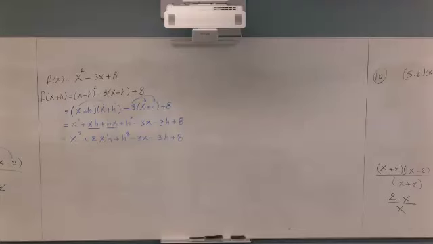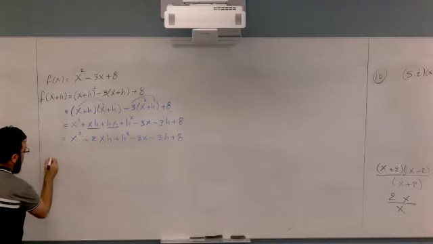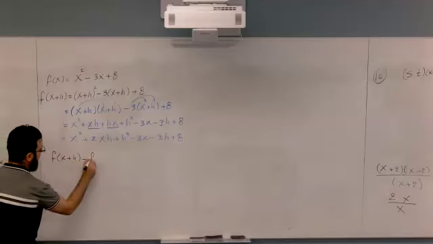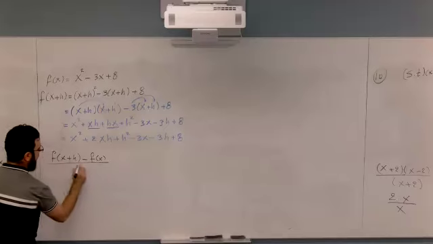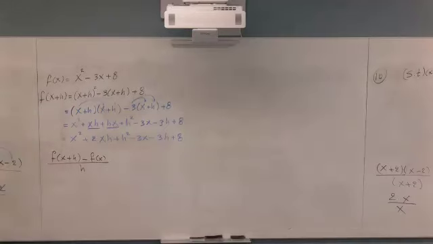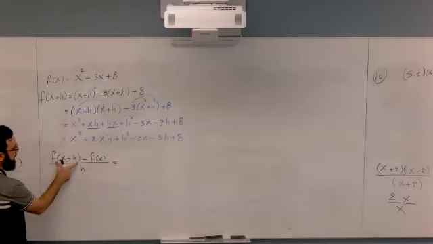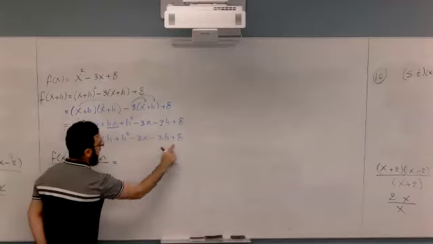Okay, we didn't finish. Our goal is to find what? The difference quotient. Our goal is to find f of x plus h minus f of x, divided by h. That's our goal. But now it's easier. f of x plus h equals the whole thing here.